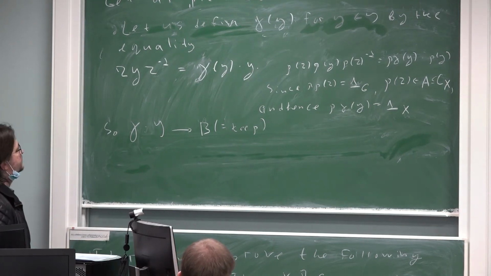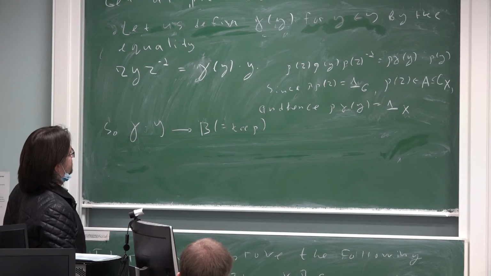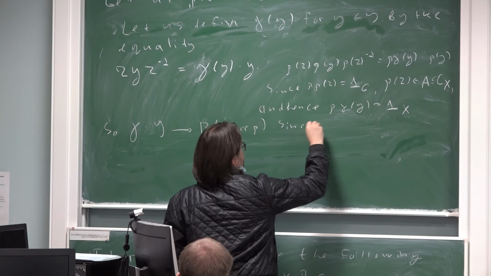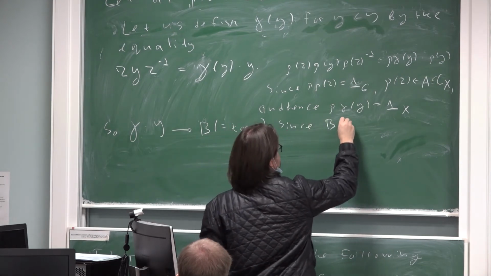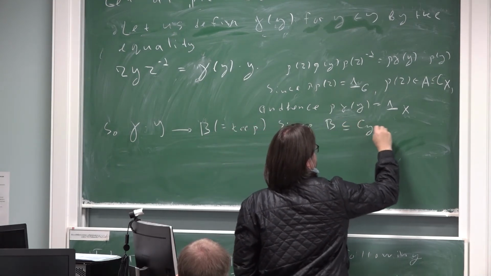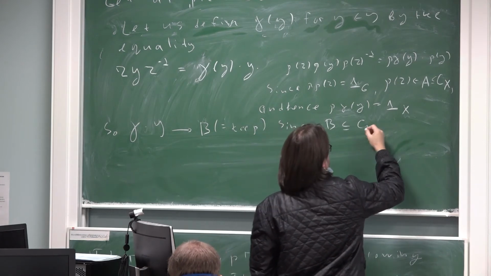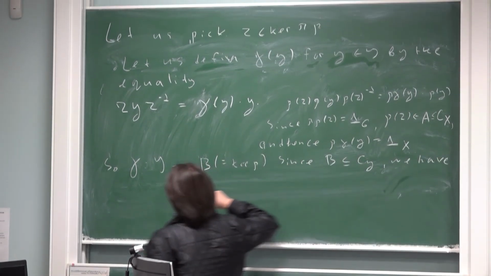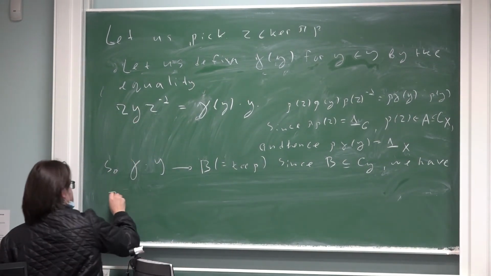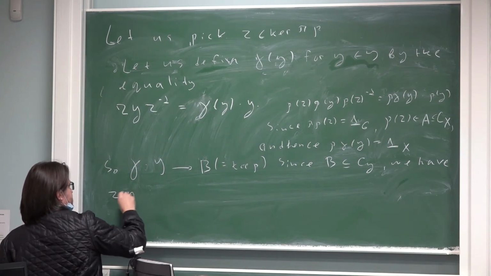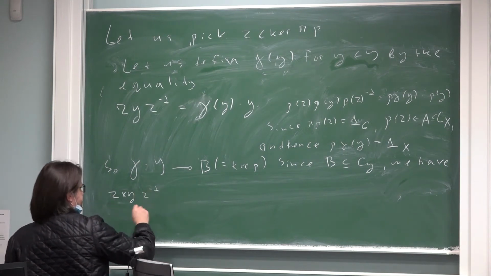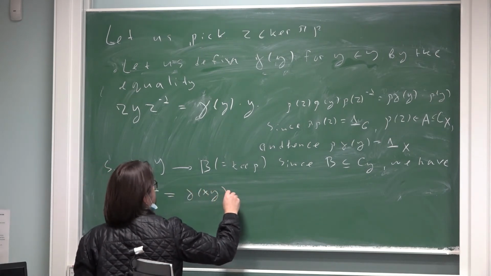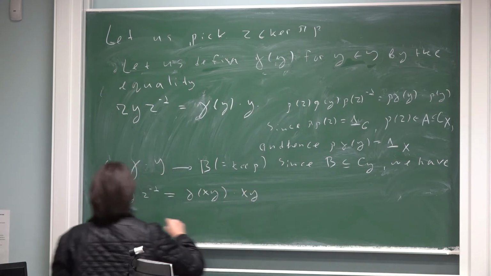Well, since B lies in the center of Y, we have ν_z of xy, that is z x y z⁻¹, is equal to γ of xy. Yes.